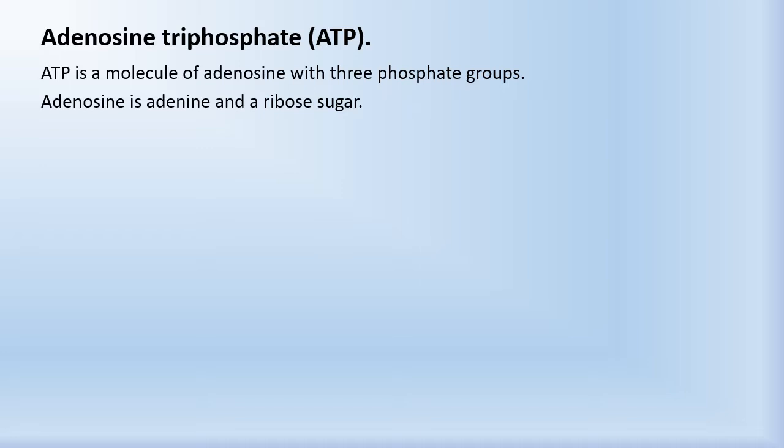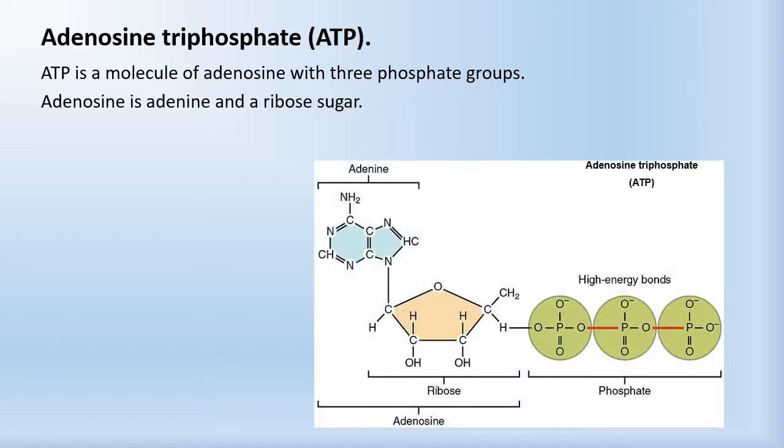Adenosine triphosphate, or ATP, is a molecule of adenosine with 3 phosphate groups, hence triphosphate. Adenosine is adenine and a ribose sugar. Look at the molecular structure.